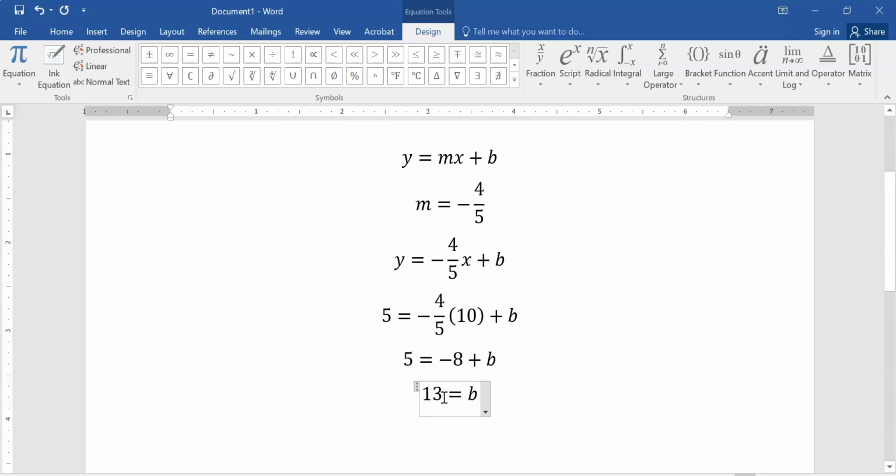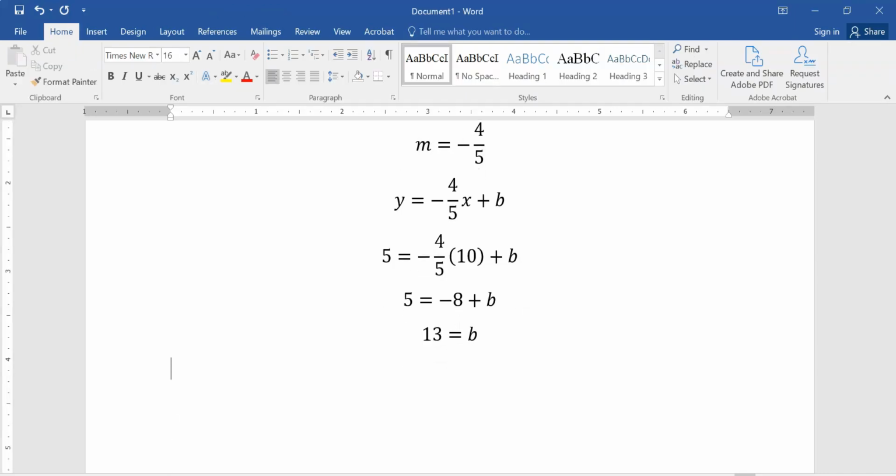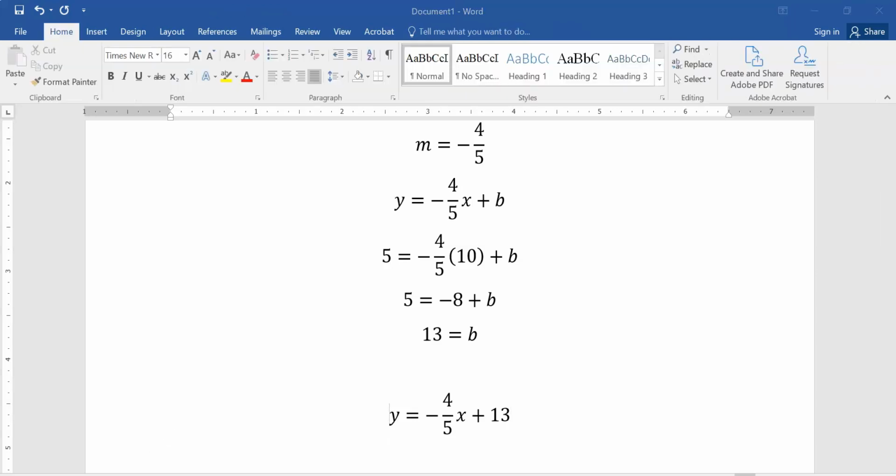My b is a positive 13. So I can just plug it in here into my equation and get a final answer. Y equals negative 4/5 times x plus 13. That's, again, my final answer.